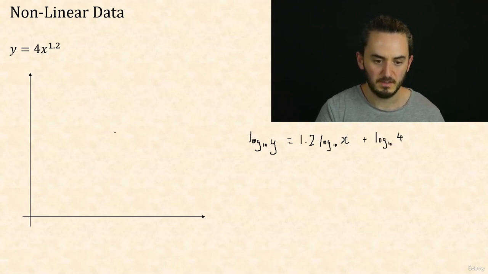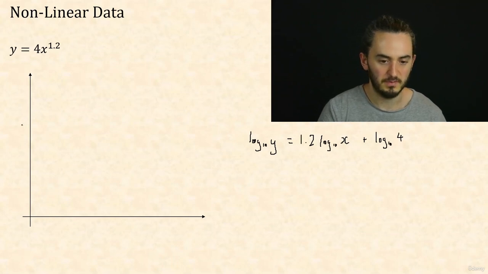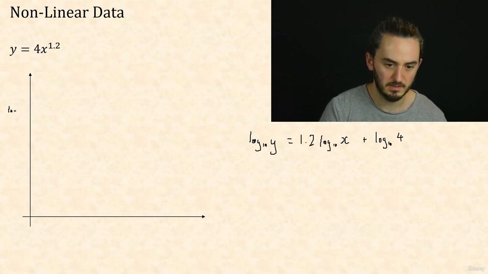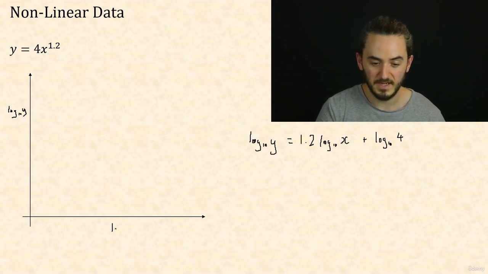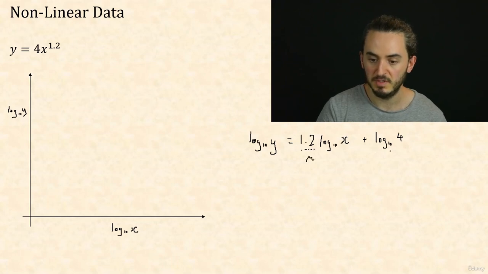So we've got to think now, if we're going to plot this, that this is going to be my log base 10 of y axis, and this is not the x-axis anymore. This is going to be my log base 10 of x axis. And what does that do? Well, it leaves me with a straight line with gradient 1.2 and y-intercept log base 10 of 4.